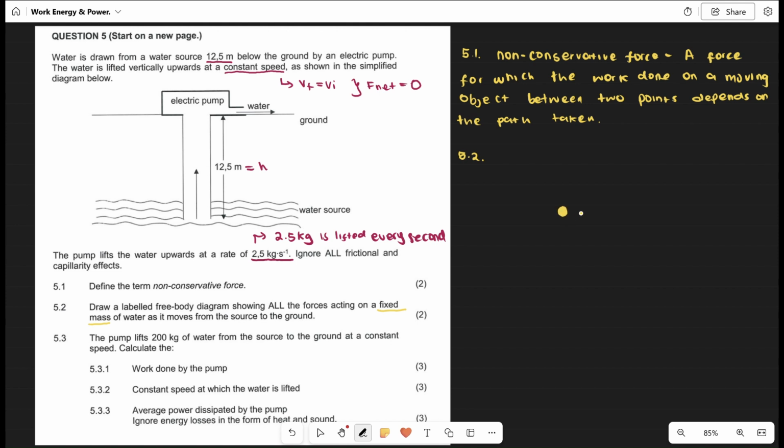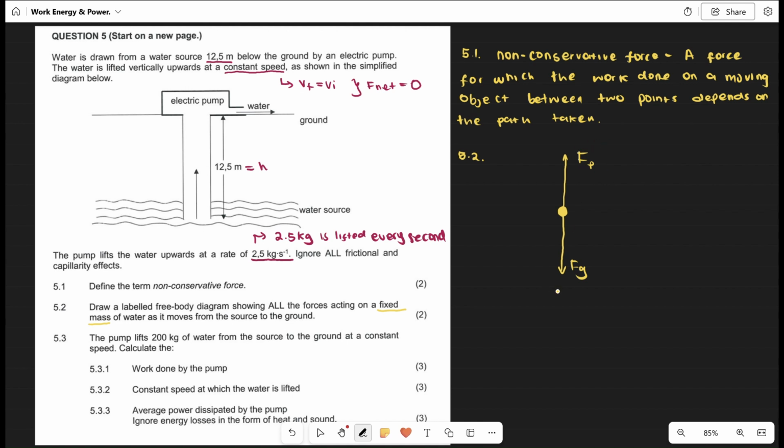So there we have our mass. Then we're going to look at the forces that are acting. We know that as long as we are still near the surface of the earth, there's always going to be a force that acts downwards, right? So that is our force of gravity, right? And we also have another force which is pulling this water from the water source to the ground, right? Because it can't just go up if there's no force that's lifting it up, right? So we are given that that force is the force of the pump, right?